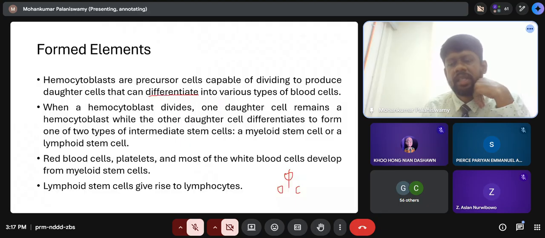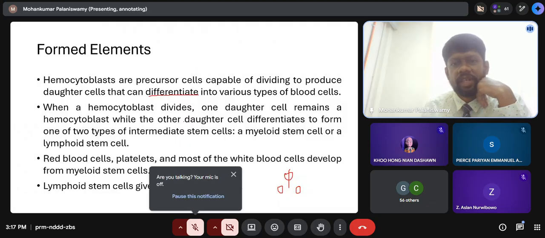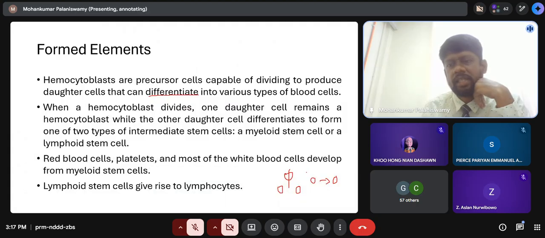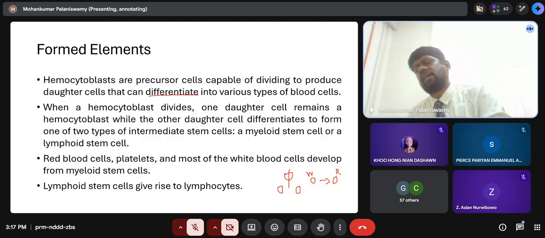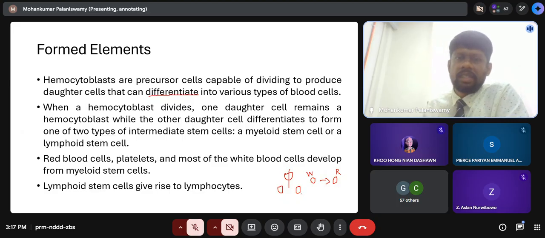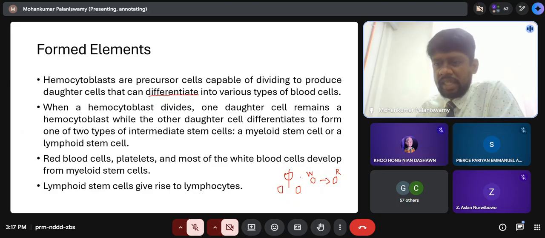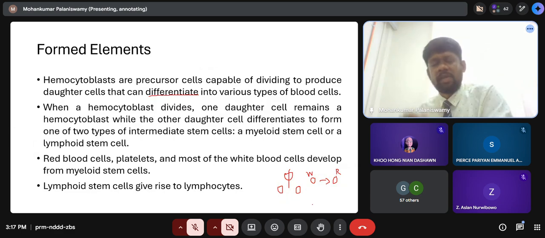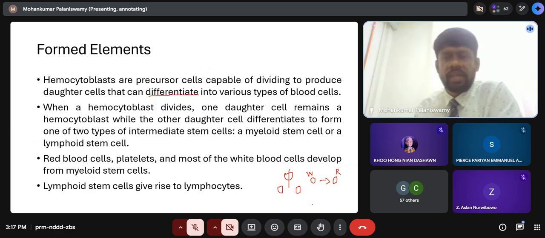This is called proliferation. Differentiation means we have one cell, and it is transformed into another cell. For example, initially it is a WBC. After differentiation, it becomes RBC. So one cell gets totally transformed into another cell. That is called differentiation. If one cell gets divided into two or multiple cells, that is called proliferation.